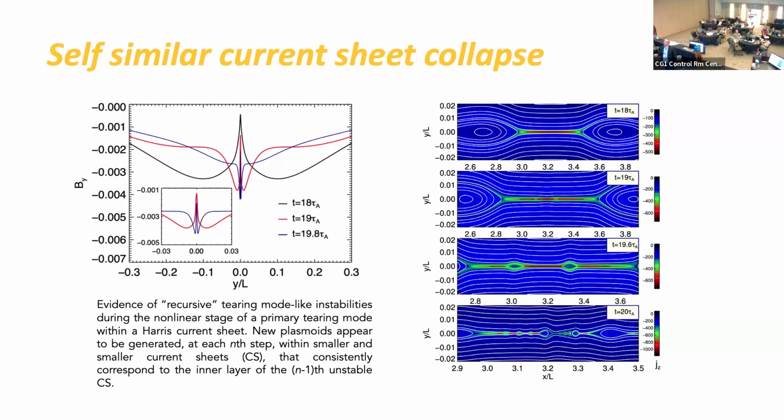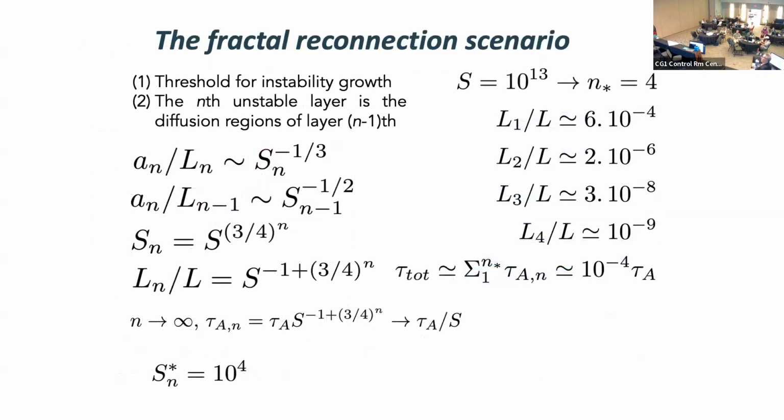If you blow up the central part, you'll notice that at time 19, the red curve is exactly the same as the black curve at time 18. And the blue curve at time 19.8 is like the red curve at time 19. This thing is doing the same thing at smaller and smaller scale. And so you can do it. So suppose you start at S 10 to the 13.